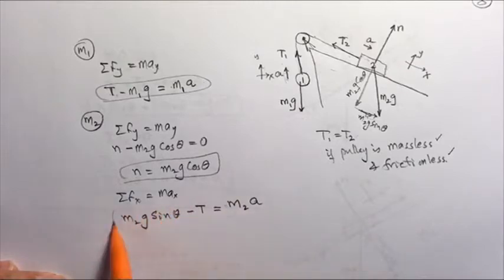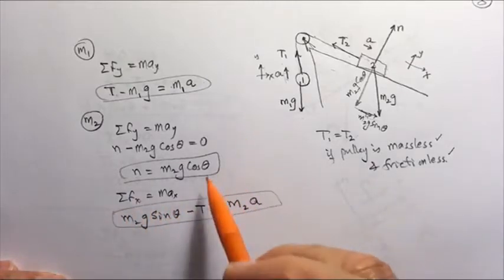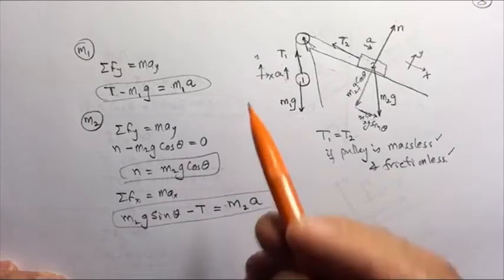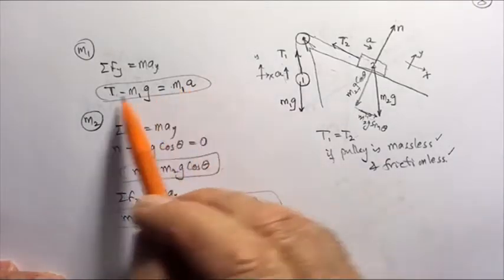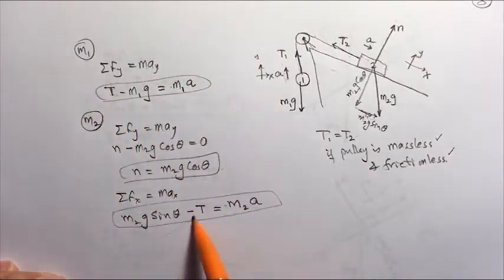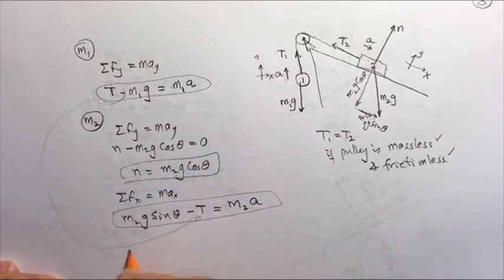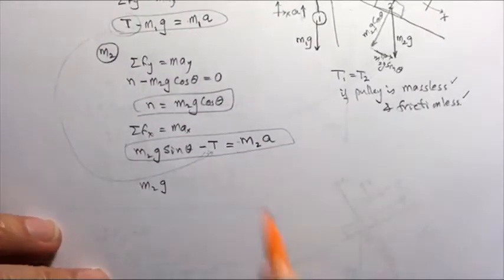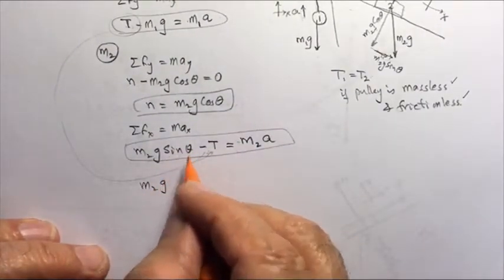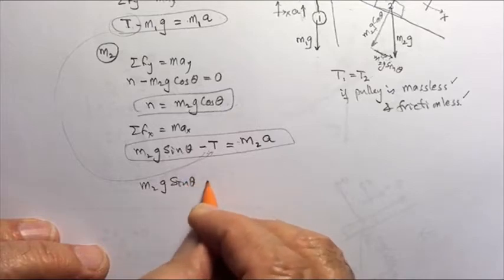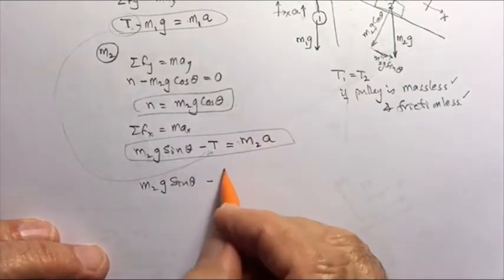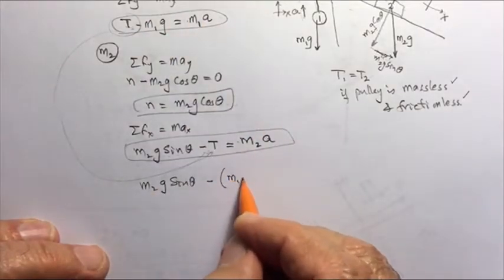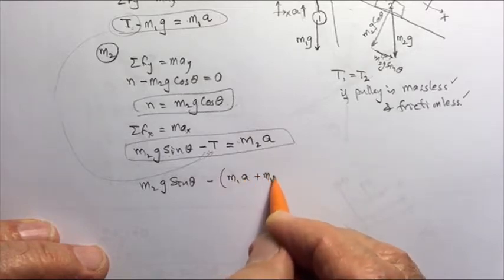Now that's the third equation, and this equation will not help us much in this problem. So we use T from here in here. So this becomes M2g sin theta, and T is going to be M1a plus M1g.